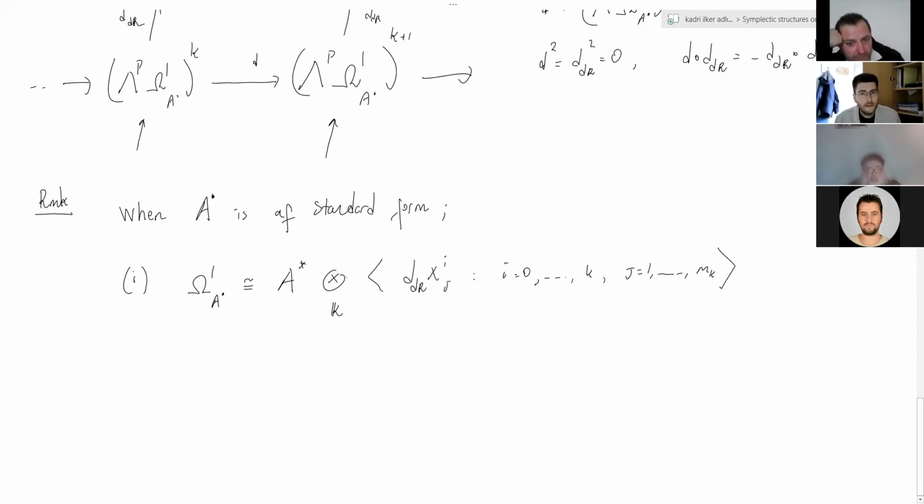So this is an A star module actually. And as you see, the generators are d acting on the usual variables. Remember the variables. The first one is really the explicit presentation, and the second one is some characterization of the cotangent complex.